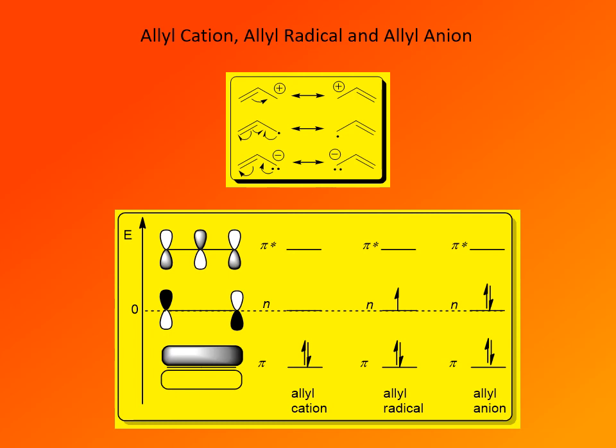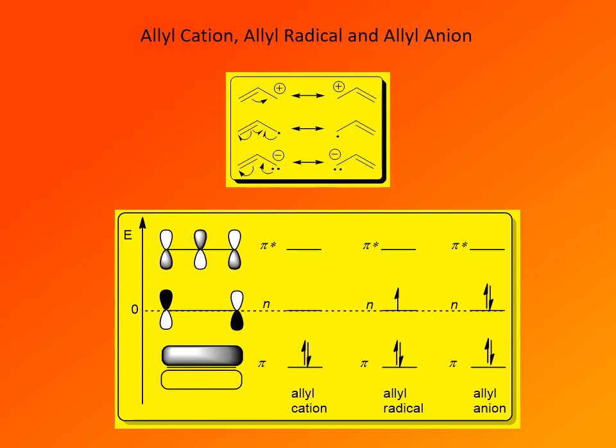Following the Aufbau principle, we place that electron pair into the lowest energy orbital, and that's the molecular orbital structure of the allyl cation. Bond order is the number of bonding minus anti-bonding electrons divided by 2, so that's 2 minus 0 divided by 2, which is 1. Bond order is 1, or in valence bond theory you would say there is one pi bond present.